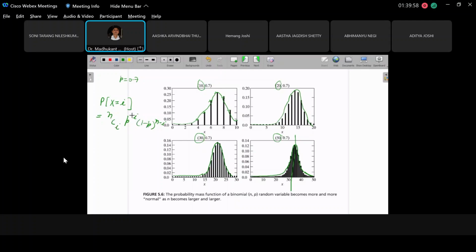So here is the plot for nC0, nC1, nC2, nC3, nC4, and so on. All these probability mass function values are plotted here when you take n equals 10. Then he took n equals 20 and plotted all the data, and similarly for n equals 30 and n equals 50. He has plotted the probability mass function, the approximate values.